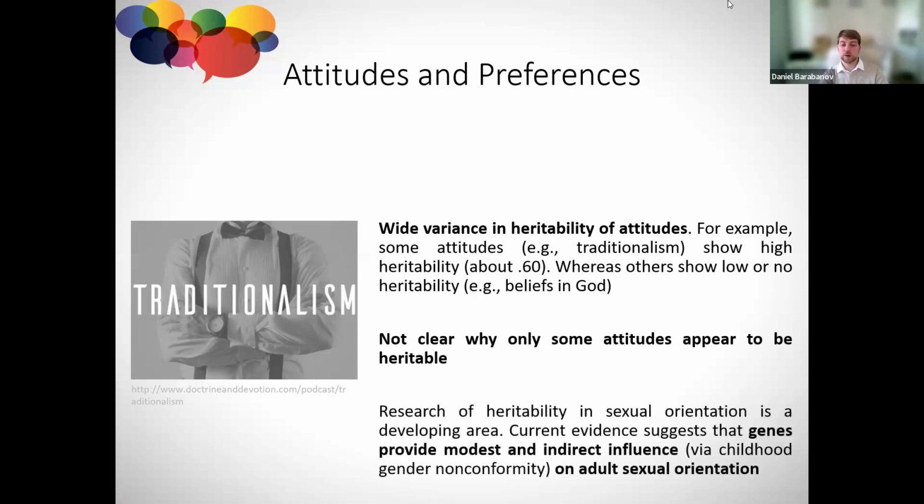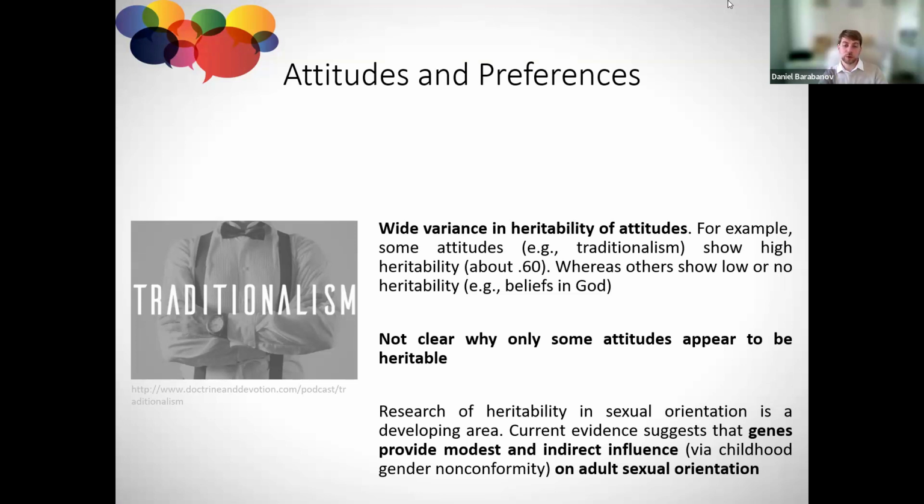So research of heritability in sexual orientation, another very important social issue right now for many countries, is also a developing area. Currently, evidence suggests that genes provide a modest and indirect influence through childhood experiences on adult sexual orientation.